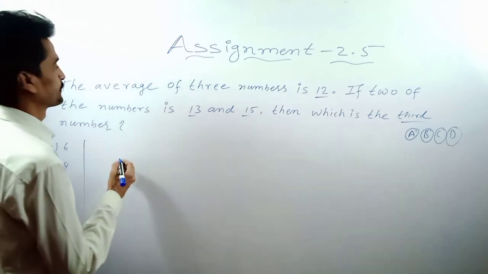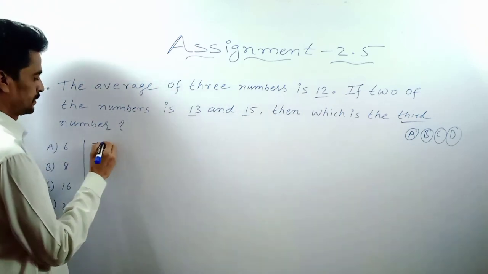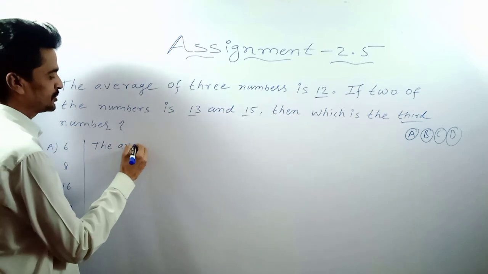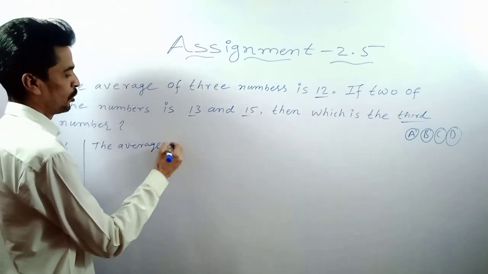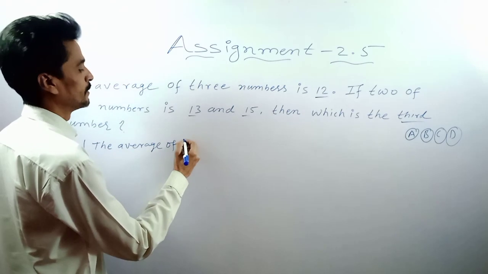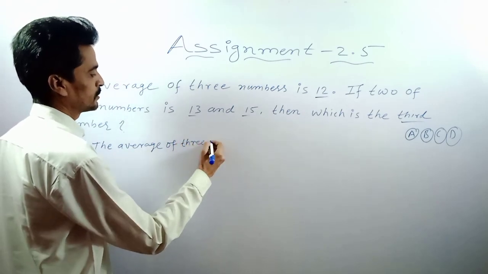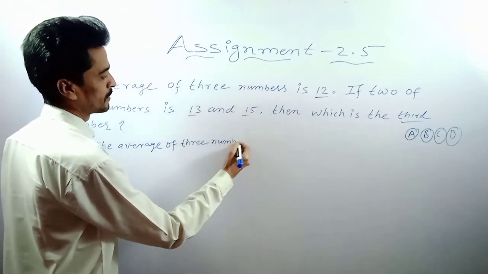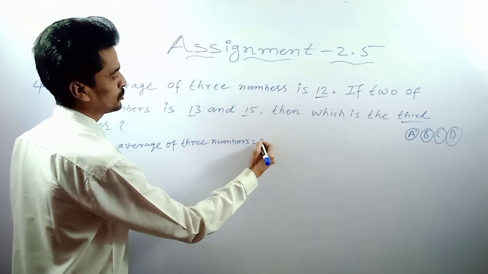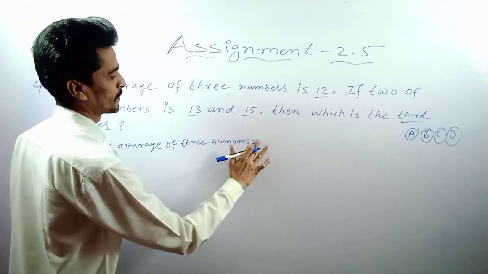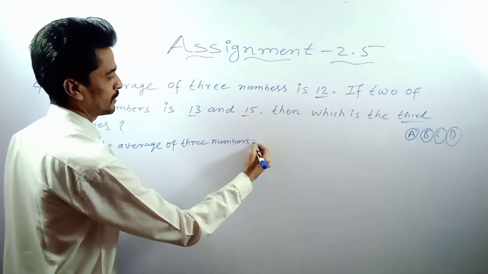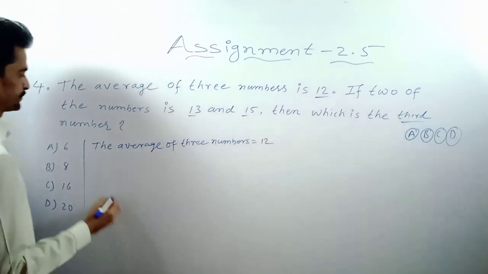So what? The average of three numbers equals 12.